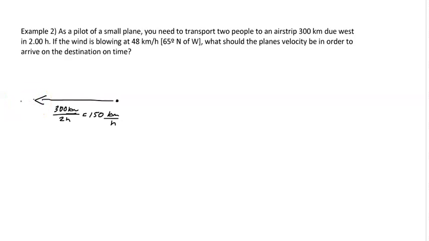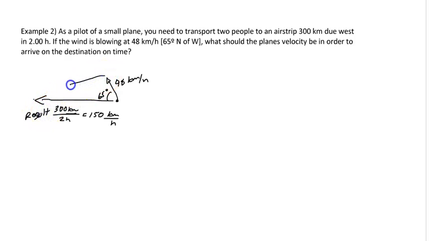But there is a wind, and the wind is blowing at 48 kilometers per hour, 65 degrees north of west. So 65 degrees north of west, and it's a 48 kilometer per hour wind. Right? This is our result that we drew first.